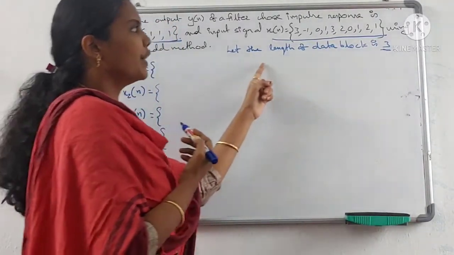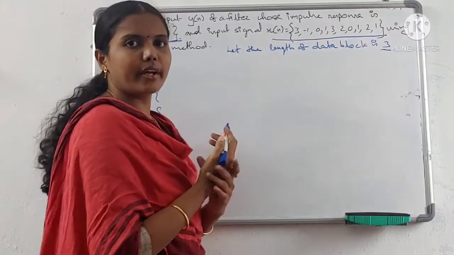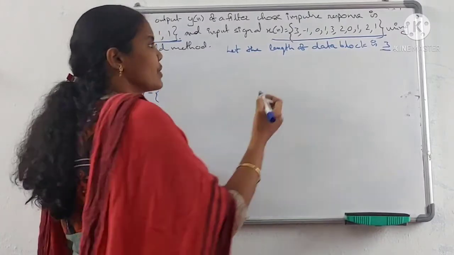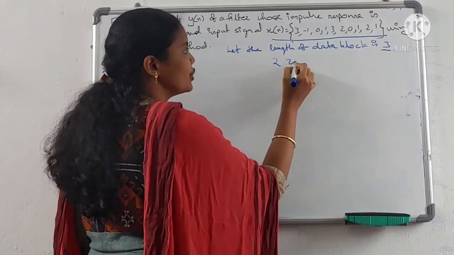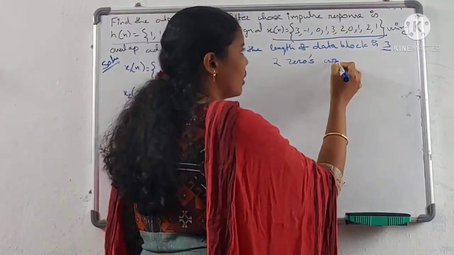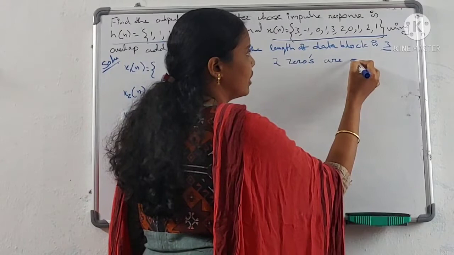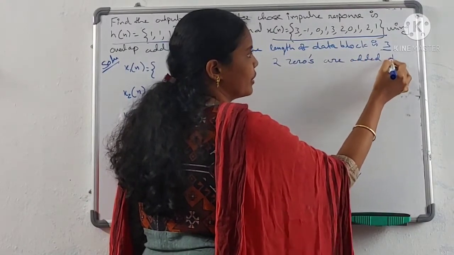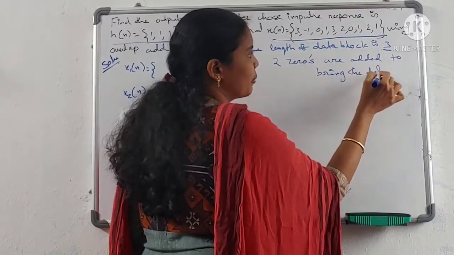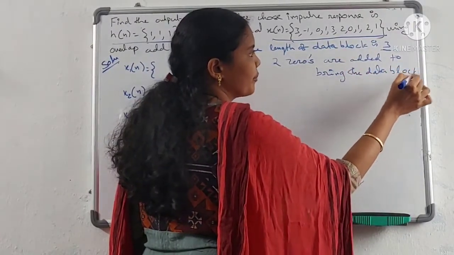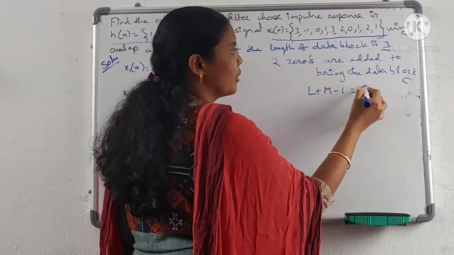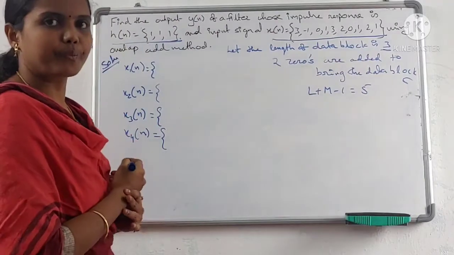Two zeros are added to bring the length of the data block to 5, that means L plus M minus 1, so the block size is 5.